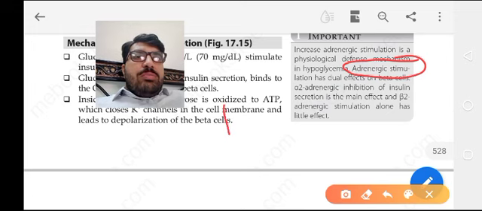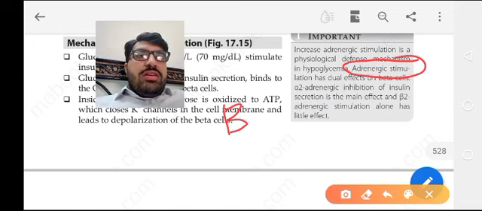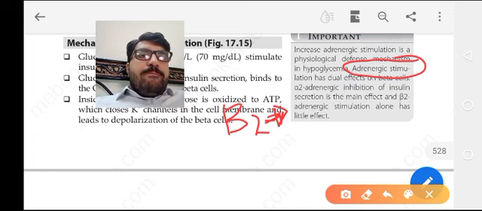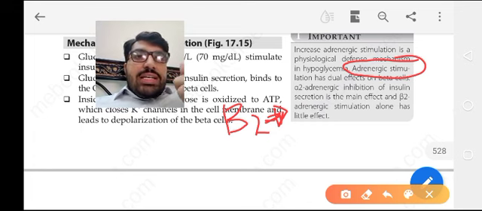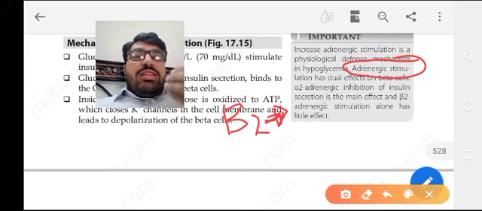So whenever the beta receptors are stimulated, the beta 2 in the pancreas, what will happen? The beta blocker causes decrease in insulin production. The beta agonist or the beta adrenergic stimulation increases insulin.